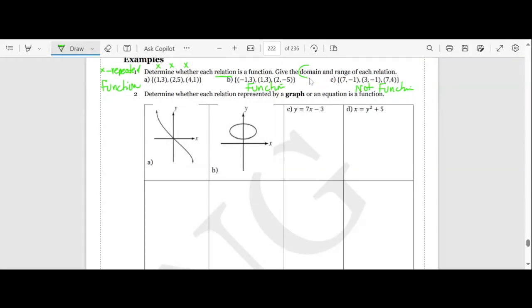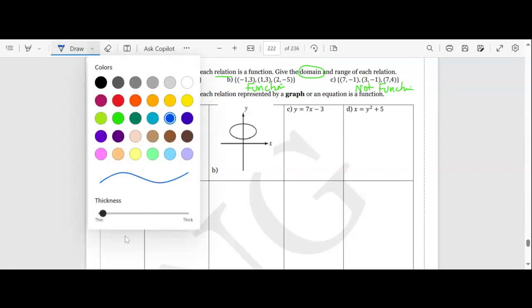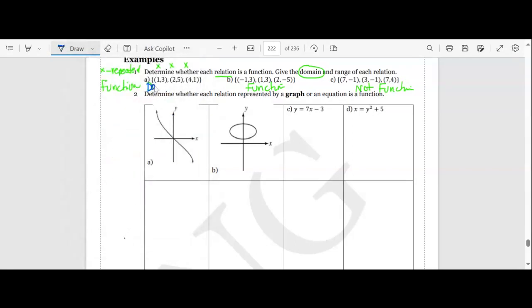Now he's asking for the domain. What is the domain for the first one here? 1, 2, and 4. What is the range? 3, 5, and 1. Is this clear? What's the domain here?